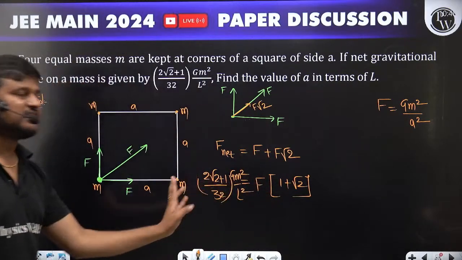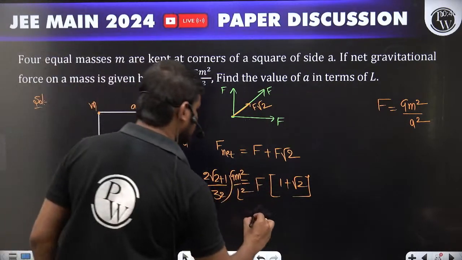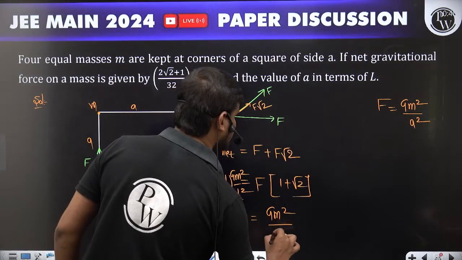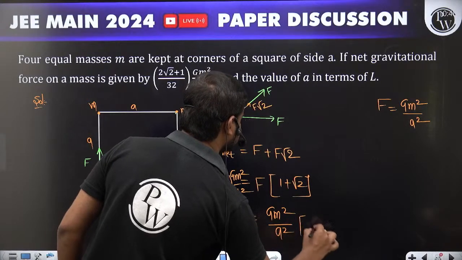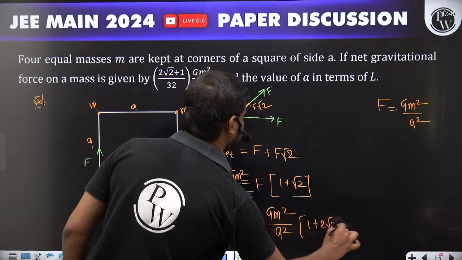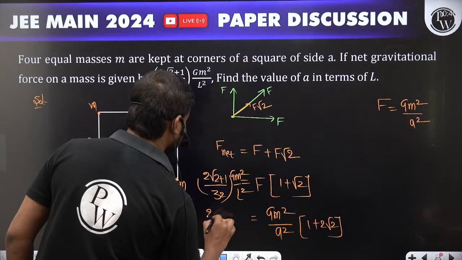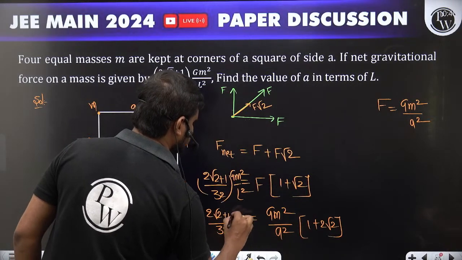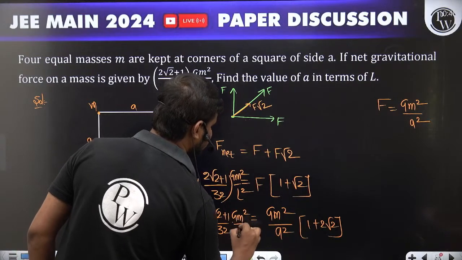So now you guys can compare. You know what this F formula is. F is Gm square by a square, equal to (1 plus 2 root 2)... so then we got (2 root 2 plus 1) by 32 into Gm square by L square.